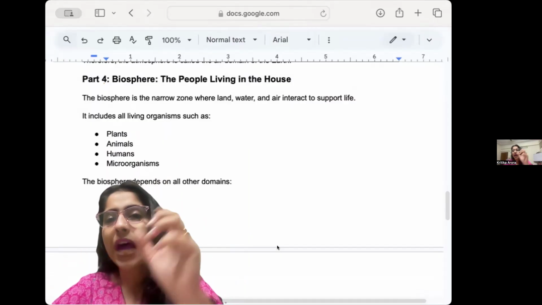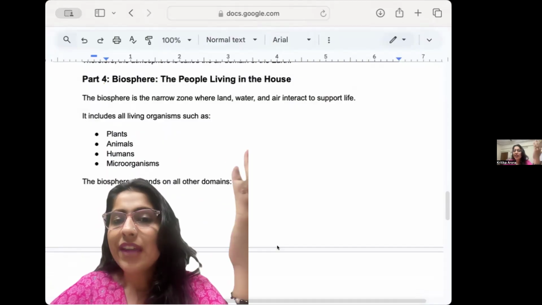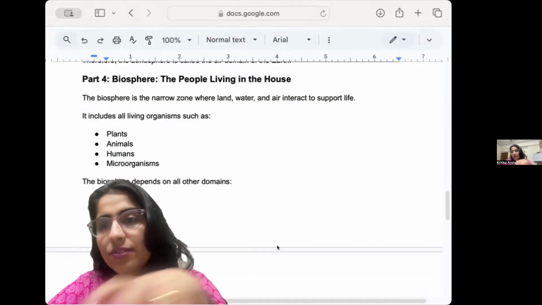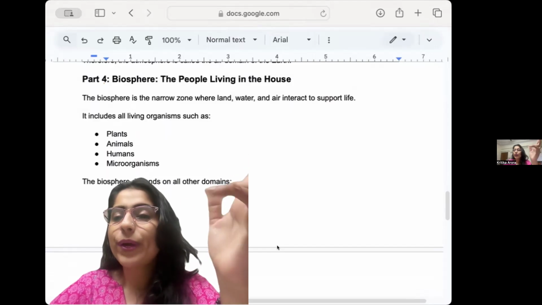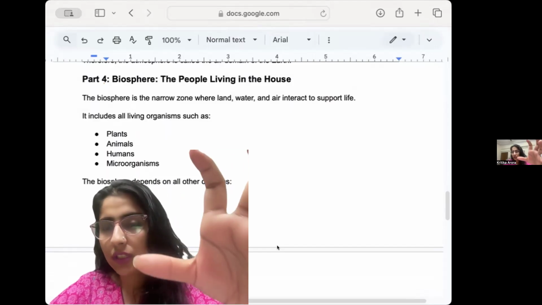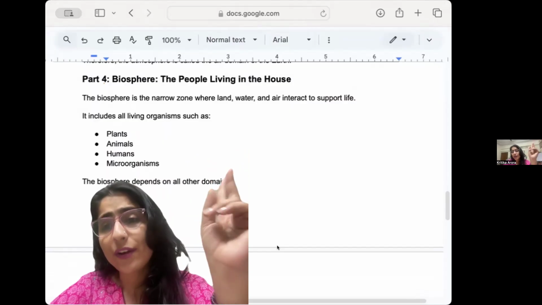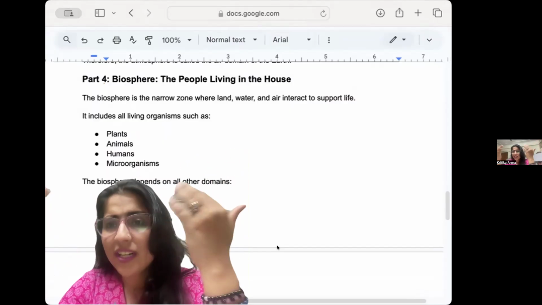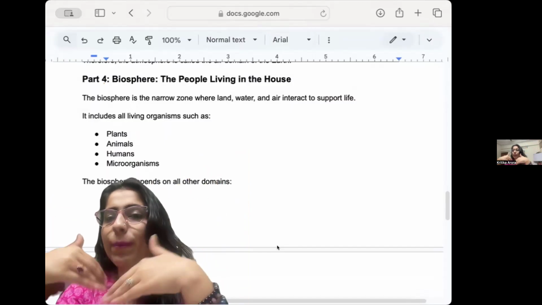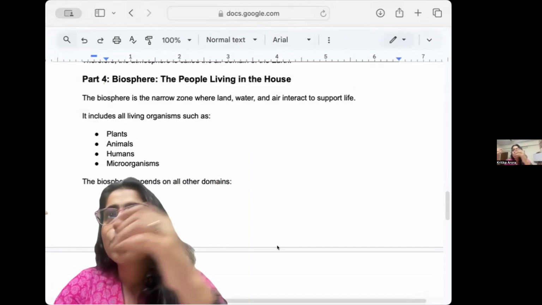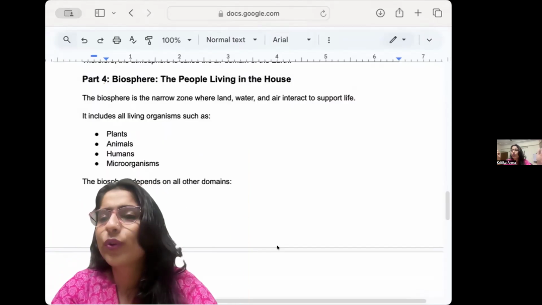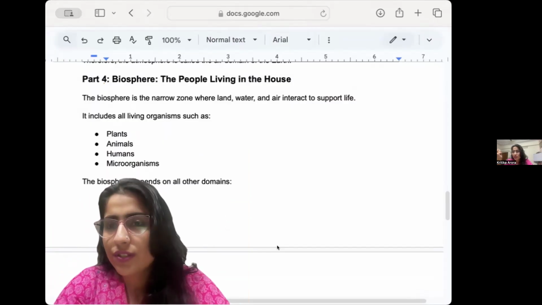So biosphere is that narrow zone where land and water interact to support life. This is the place where both the layers of the Earth, the lithosphere and the hydrosphere, interact to support life which is already existing, and to create life, like different organisms that are still growing in the oceans and on the Earth's surface.